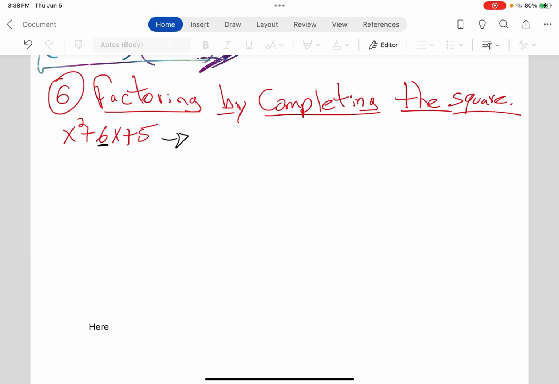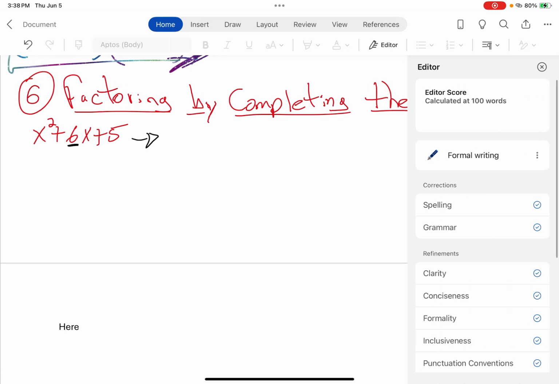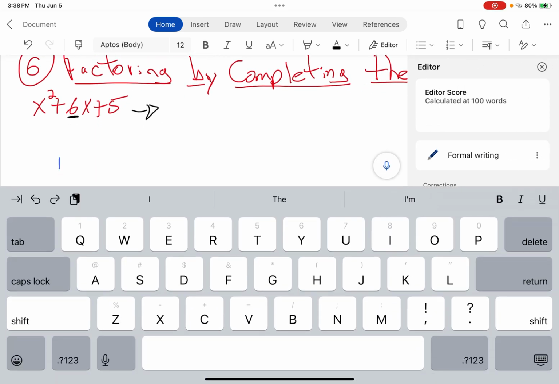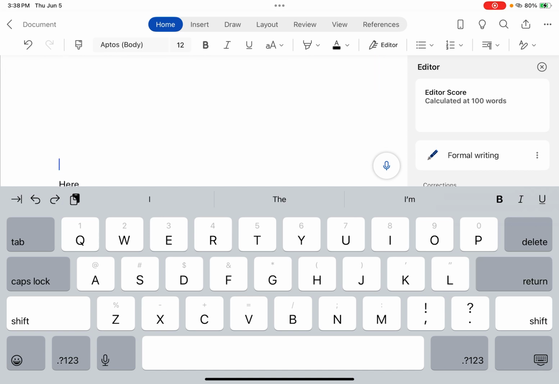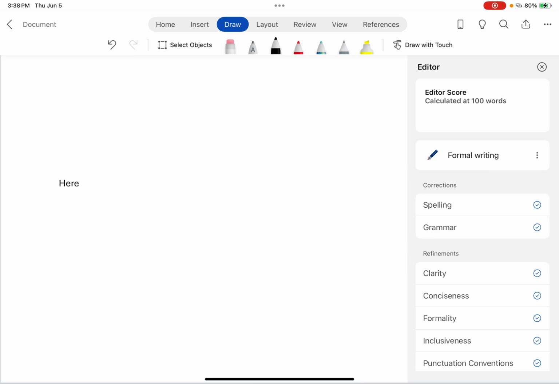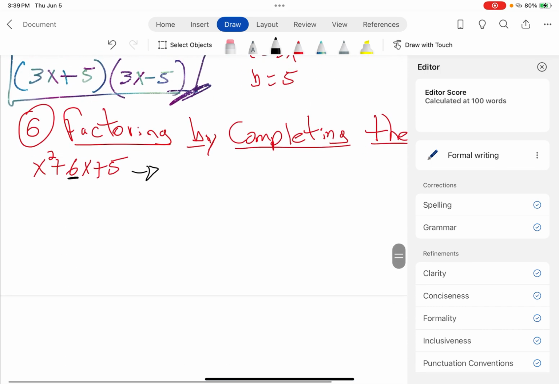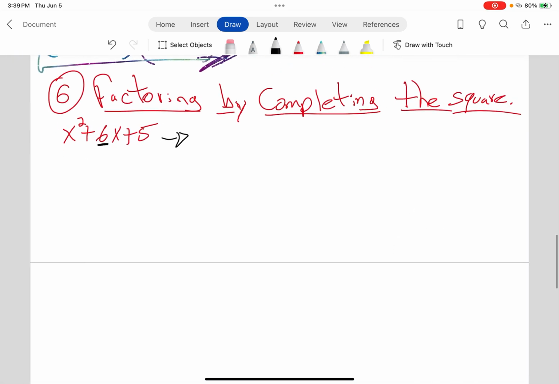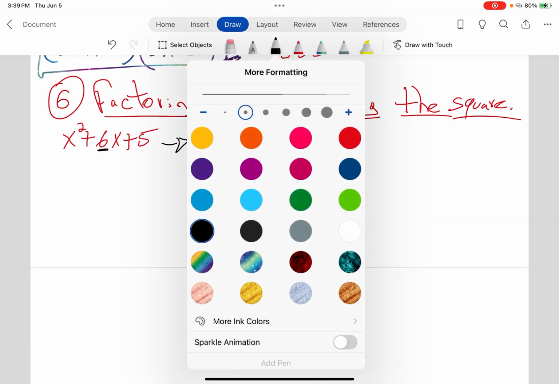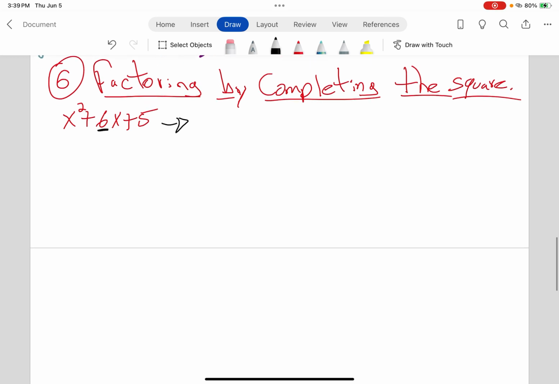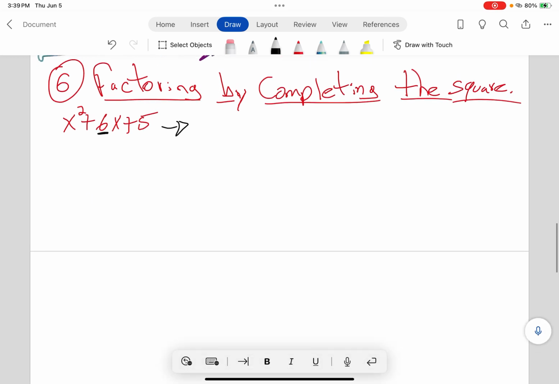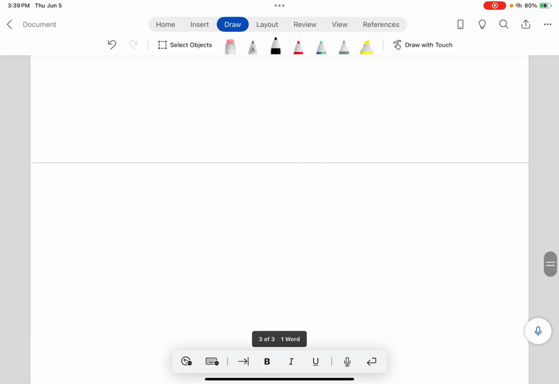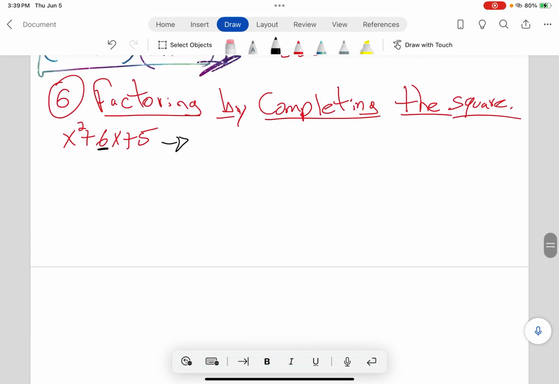Wait a moment. So you need to find, divide this number 6 by 2, always the middle number. 6, what happened here? Oh, 6. We need to divide 6.